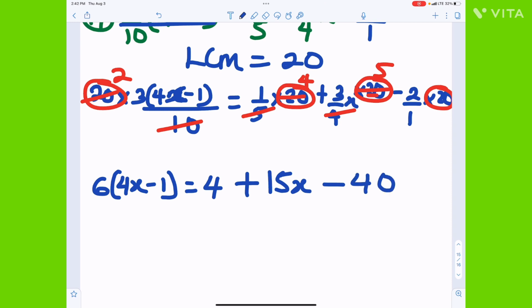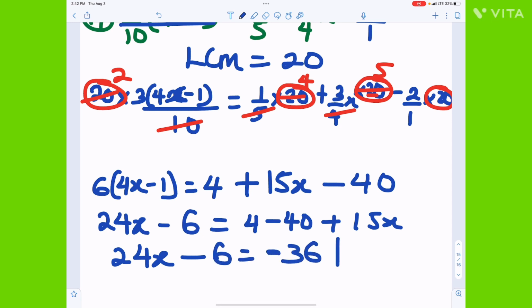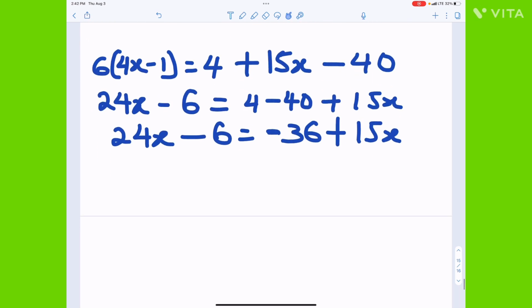This is what my equation reduces into. This gives me 24x minus 6 is 4 minus 40 plus 15x. That's 24x minus 6 is equal to minus 36 plus what? 15x. Minus 36 plus 15x.